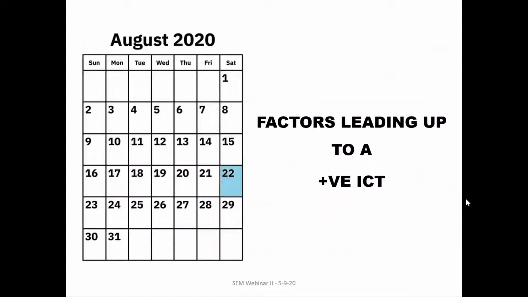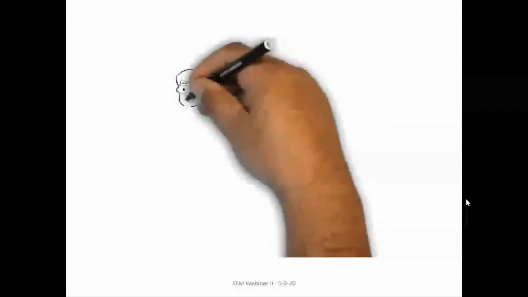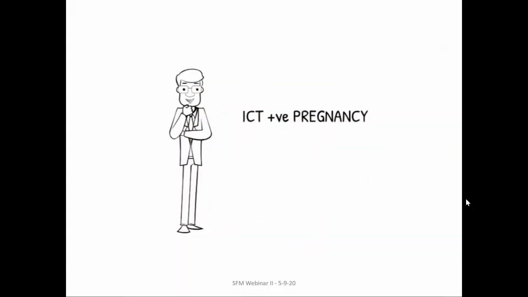Right. So now what we discussed in part 1 of this webinar were the factors that lead up to a positive ICT. Whereas what we would discuss now is what do you do after the ICT comes back as positive. So if you remember, we had signed off the last part by taking a look at a typical scenario that comes to mind when we think of an ICT positive pregnancy.